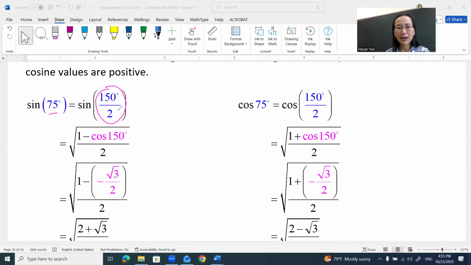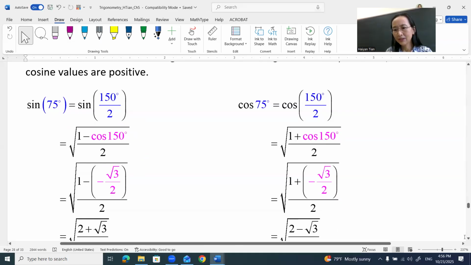So using the half angle identity, which is this, right? We take a positive sign for the square root, not negative. And then the cosine 150 is this. It's a special angle. So then we continue to evaluate.